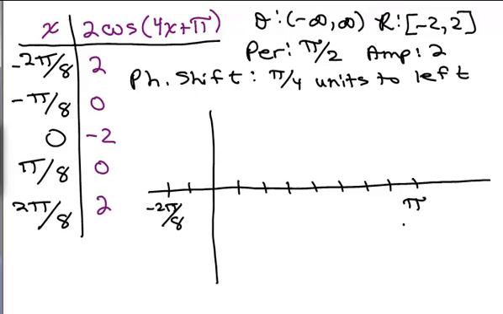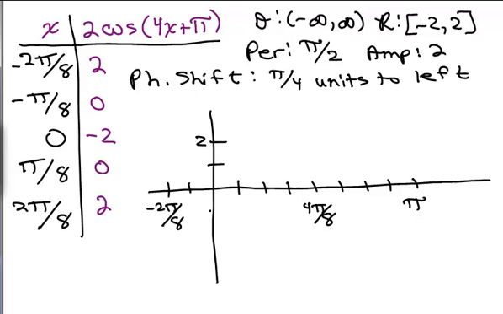Okay? But actually, my whole graph is just going in between negative 2 pi over 8 and 2 pi over 8. So, for instance, this is 4 pi over 8, which is the same thing as pi over 2. So let's graph these. We've got negative 2 pi over 8, 2. Oops, I forgot to draw where 2 is.